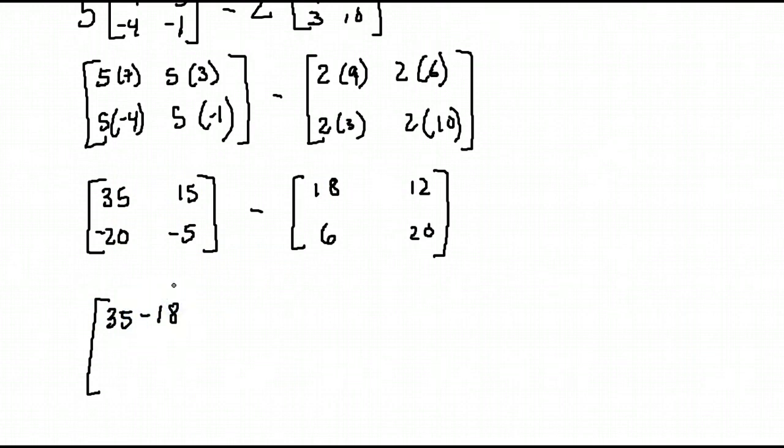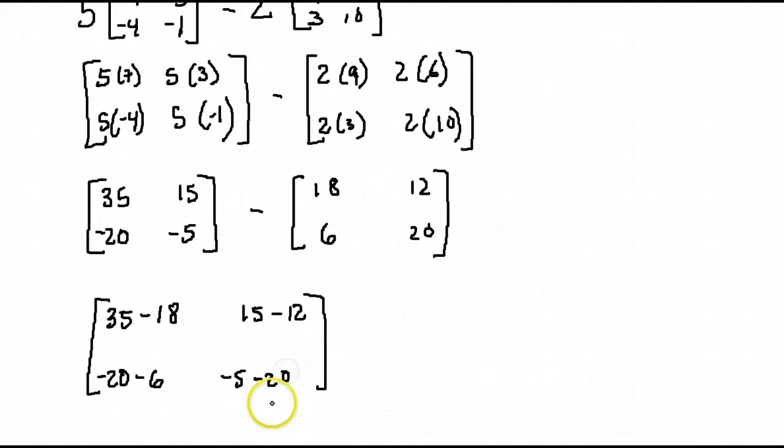The second element is 15 and 12. So we get 15 minus 12. And the second row is -20 and 6. So we have -20 minus 6 as the first element in the second row. And then the second one is -5 and 20. So we get -5 minus 20.